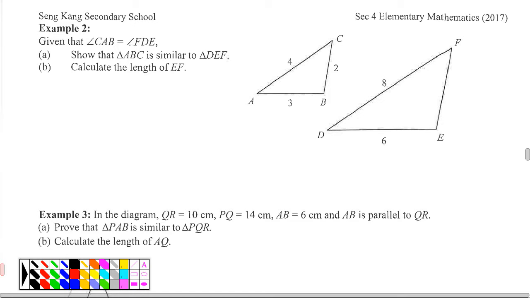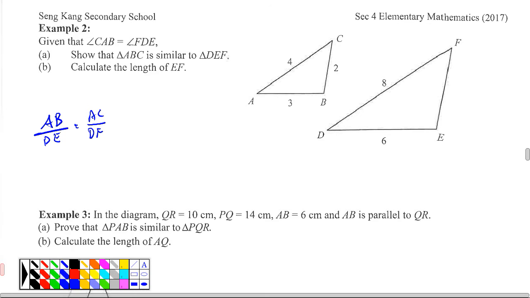SSS stands for side. So if I use AB, which one do I want to divide by? Then DE. Next one, AC over DF.